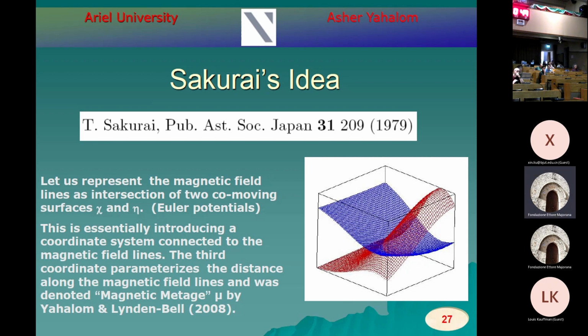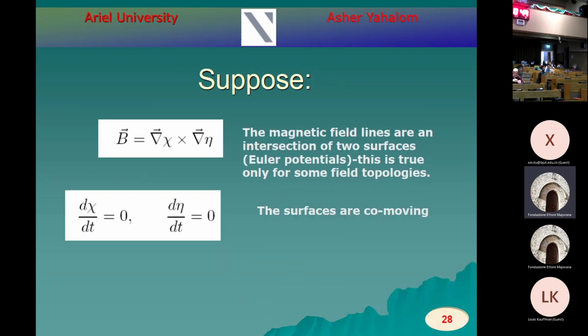But because they are co-moving, you can use the surfaces, which I call chi and eta, to have labels, coordinates of moving fluid elements. And then the only thing you need is the third one, which I'll discuss in more detail later, called the magnetic metage. It's a label going along the magnetic field line.